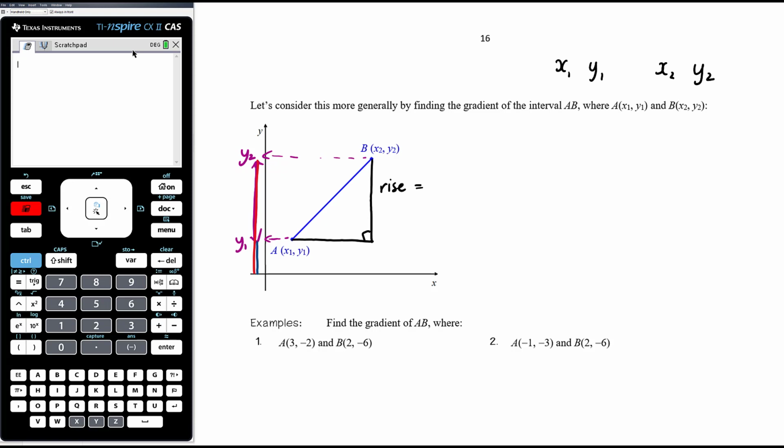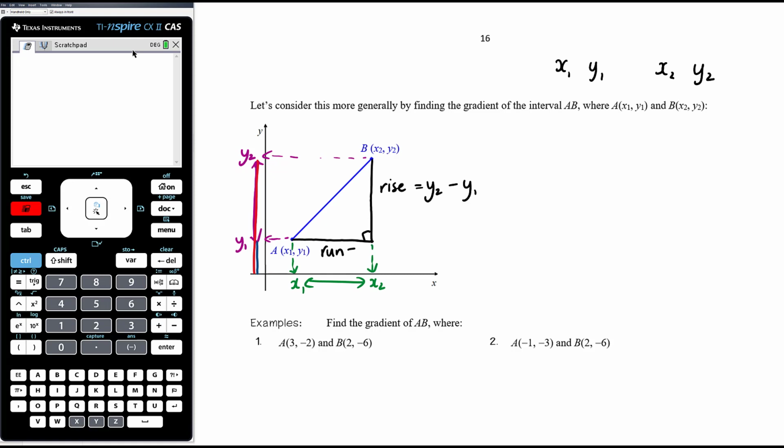Okay, so y2, the bigger y coordinate, take away y1, is going to give us the rise. Now again, I shouldn't have said the bigger y coordinate because actually it doesn't really matter. We'll see that when we talk about the formula a bit more. But essentially rise is y2 minus y1, and by the same logic, the run is going to be x2 take away x1 to work out this distance in between.